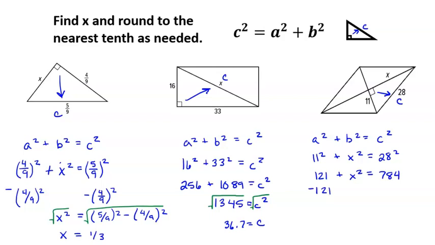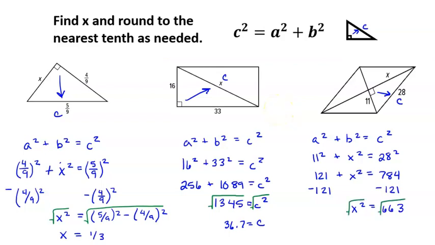Then we subtract. Notice that with these problems, you're always doing the same thing. It's either going to look like this one, where you're solving for b squared, or this one where you're solving for c. So it's always going to look one or two ways. It's never going to be different. And so we've got x squared is equal to 663, and this one does not simplify either when I take my square root.